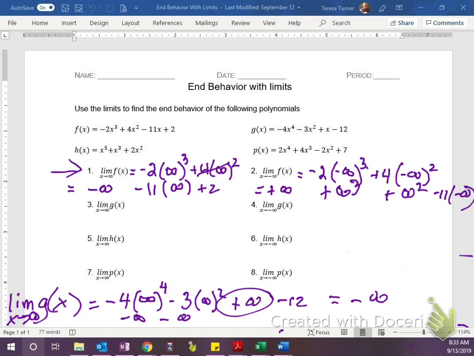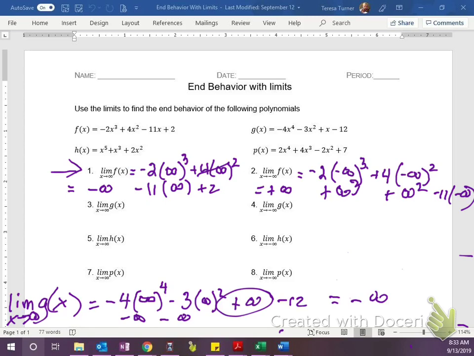So if we look at number 4, now we're talking about g of x as x approaches negative infinity. Right? So let me change colors. Miss, can you erase what you've done already? Yes. All these numbers are confusing.